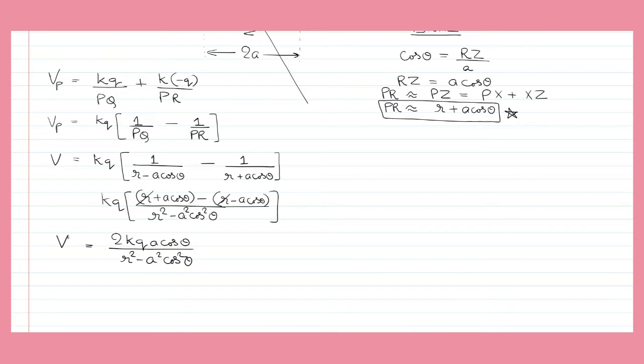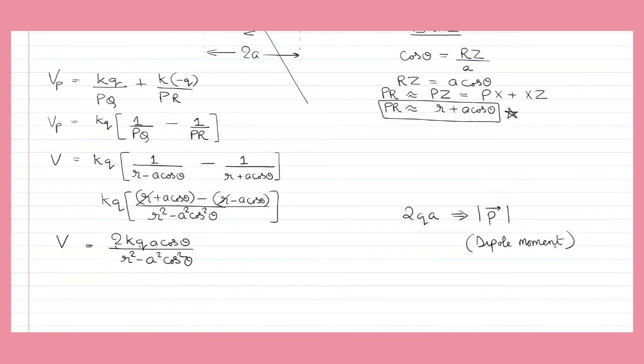Now this 2qa gives us the magnitude of the p vector, which is called the dipole moment.